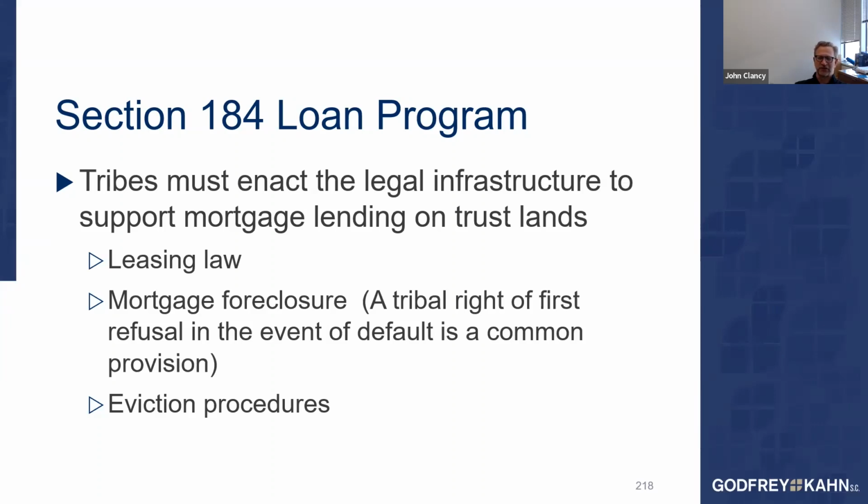They need to make sure there's a solid leasing law in place, so that there's a clear lease from the tribe to the tribal member. But there also needs to be, within that or outside of that, a mortgage foreclosure ordinance that allows for foreclosure on the loan if the homeowner is not making payments. Because if there's no foreclosure, there's no real way to address the issue of non-payment.